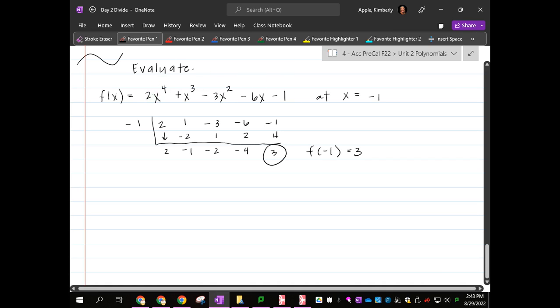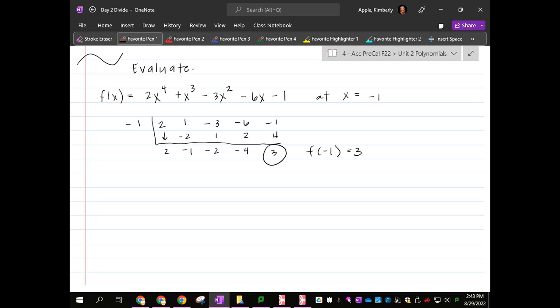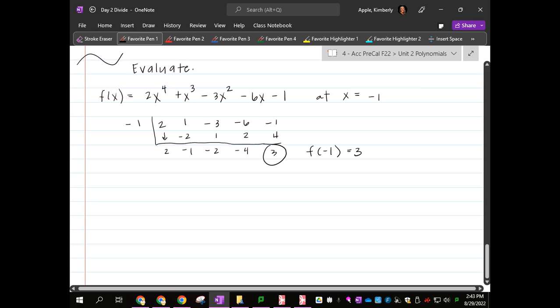So part of the remainder theorem, like Kennedy said, the way you originally learned to do this is to plug in -1 everywhere there's an x, but that's kind of a pain. But the remainder theorem says that I can do it with this process, and the remainder is the function evaluated at this value.